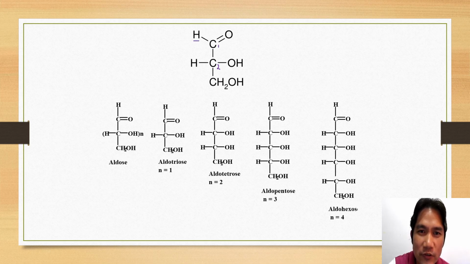The second carbon has four different groups: the OH group, the hydrogen, and then the atoms here and the atoms below. That's why the second carbon is a chiral center.